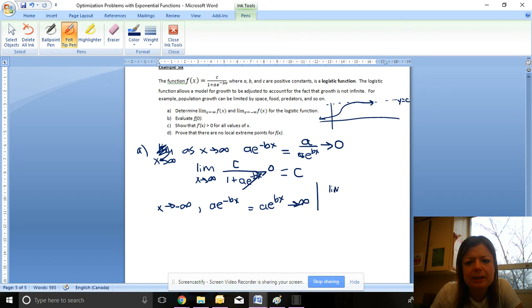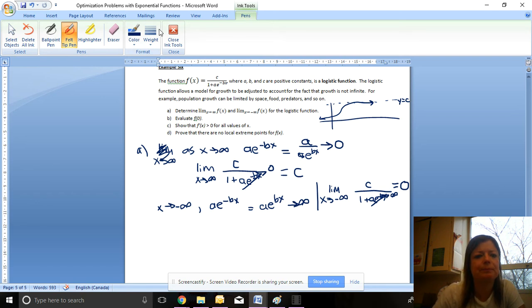So our limit as x approaches negative infinity of c over 1 plus a e to the negative bx. If this is approaching infinity, then you're getting c over some hugely huge number. So the whole thing is going to 0. And that makes sense for the logistic function to be approaching 0 that way.